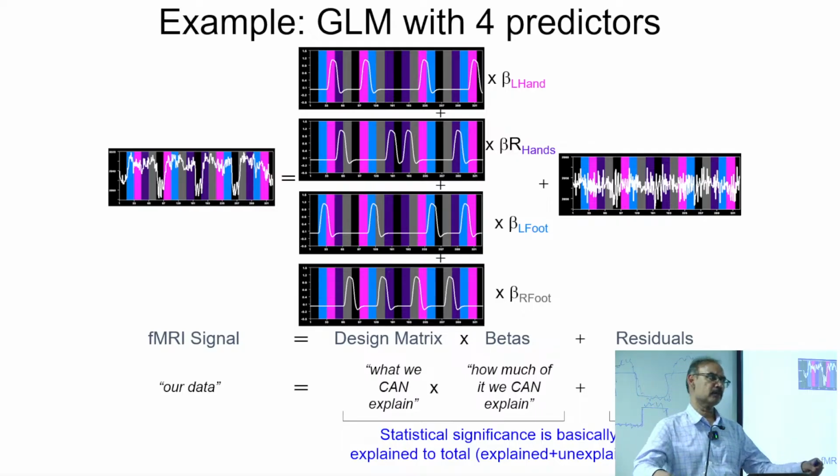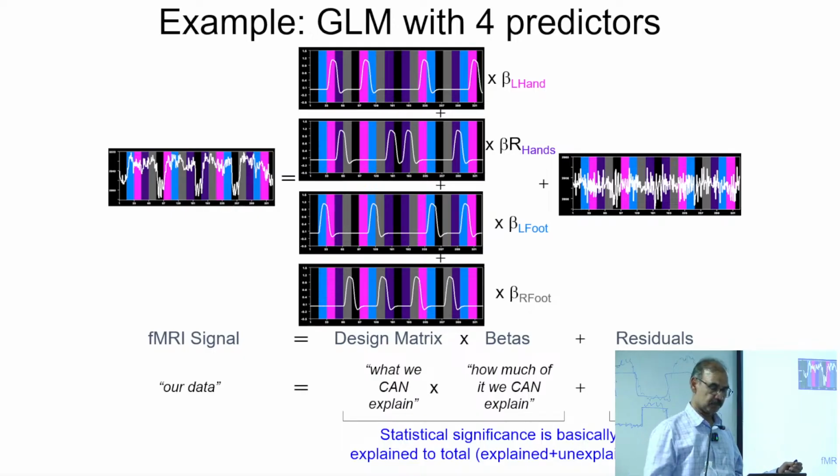So what were those? The motion parameters and then drifts, right, and a constant term. So the residuals is basically what we cannot explain, but these are not of interest. So we are just trying to model this to this signal. Okay, is this clear to everyone?